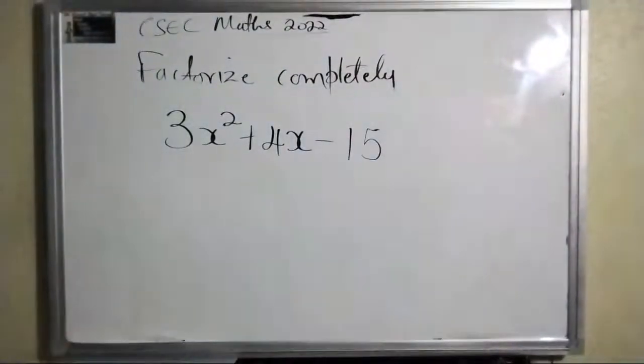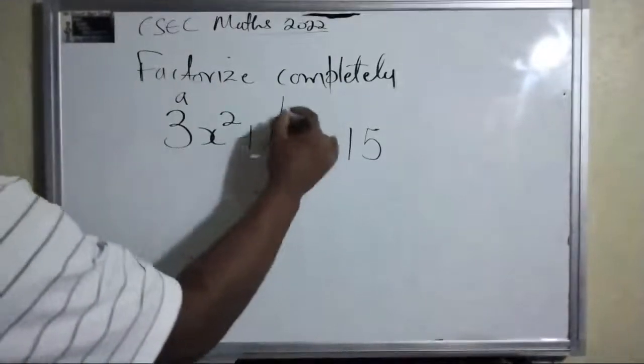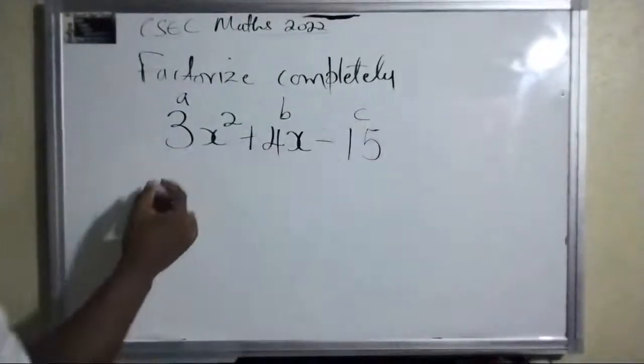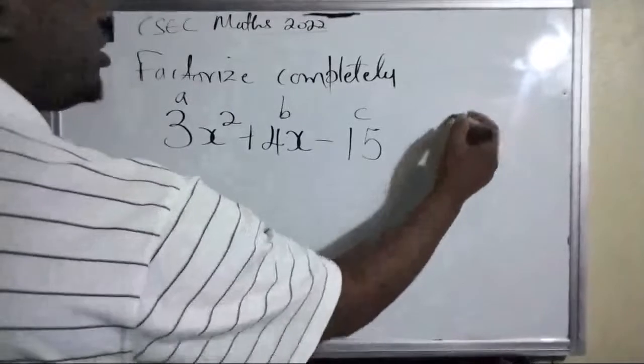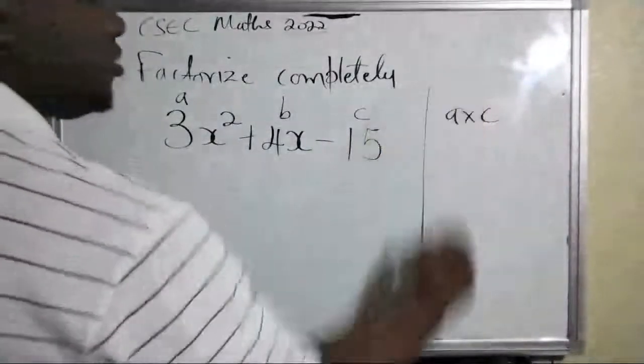Alright, this one is a little bit different from the first two. We're going to factorize this one by the factor method. First we label it ABC, and then we multiply A times C. Guys, ensure that the rough work part is very critical.